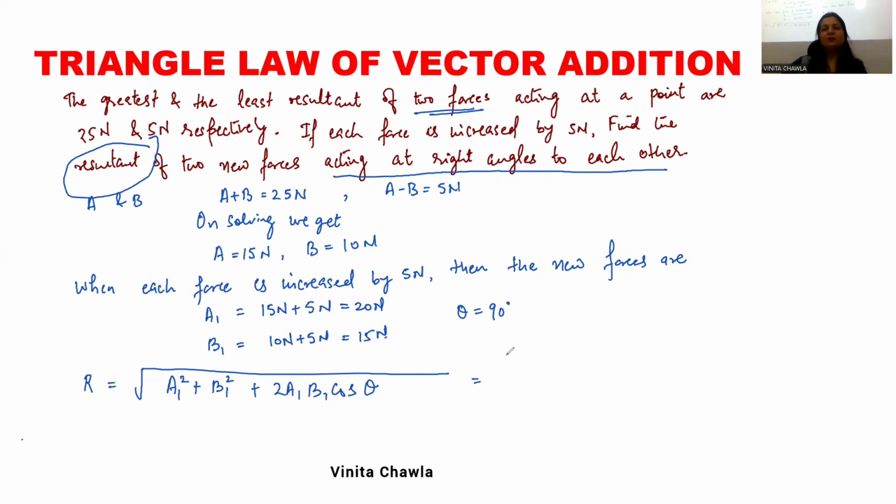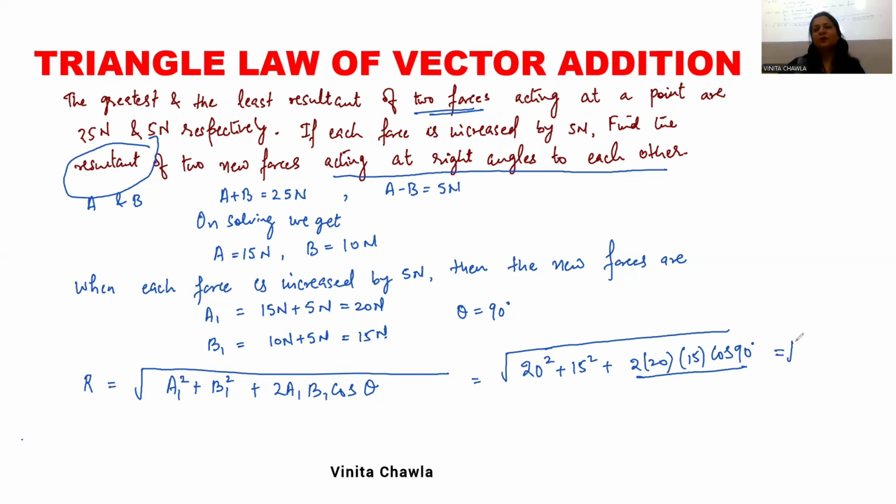Now put the values. A1 square is 20 square, B1 square is 15 square, plus 2 times 20 times 15 times cos 90 degrees. Cos 90 degrees is 0, so that vanishes. 20 square is 400 plus 225, so it's 625. Square root of 625 is 25. So the resultant is 25 Newton.